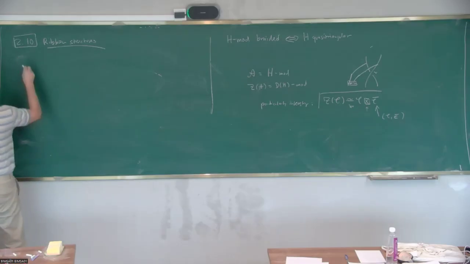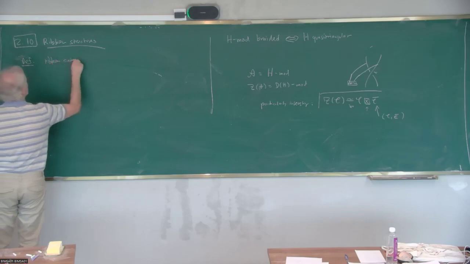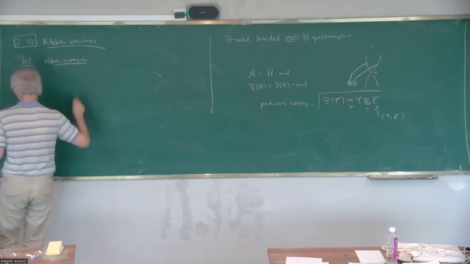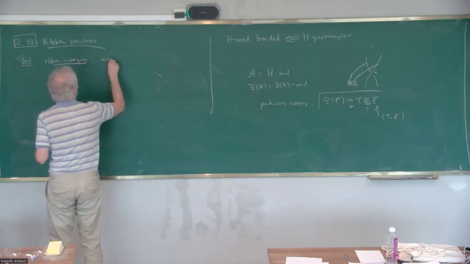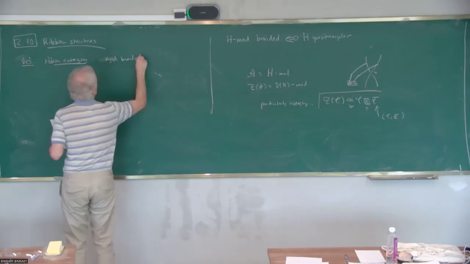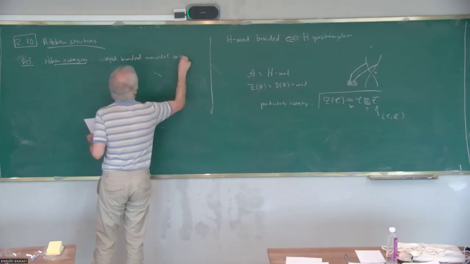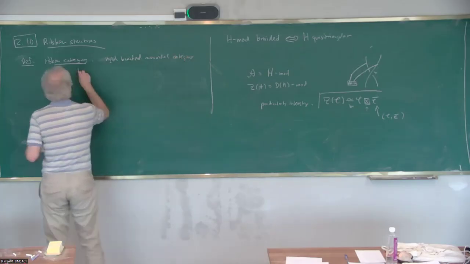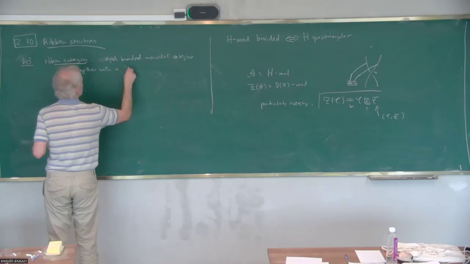I don't write numbers now to save some time. A ribbon category is a rigid graded monoidal category together with a twist.